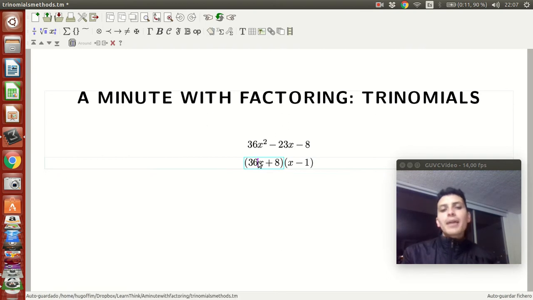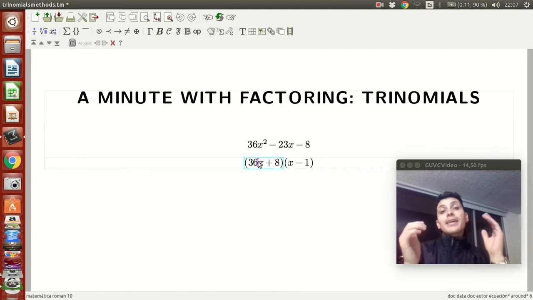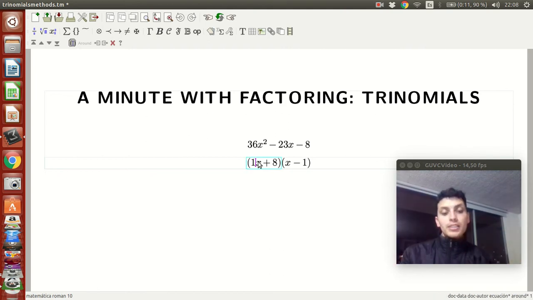We're going to apply factoring to see that 36 is 18 times 2. So we're going to use 18 here and 2. 8 times 2 is 16. Negative 18 plus 16 is negative 2, so it's not the answer.